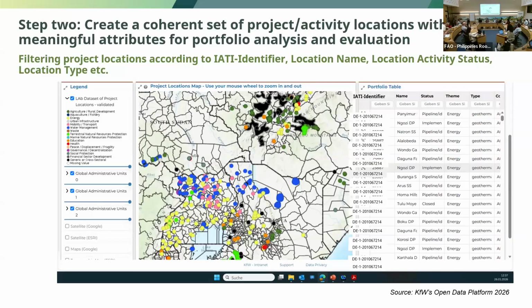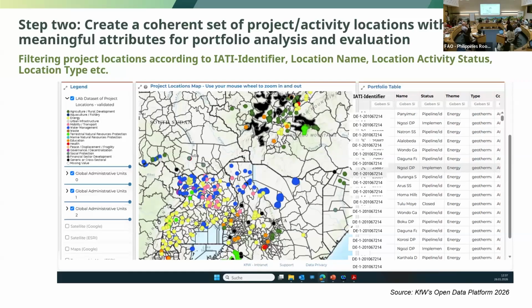So if I now just give a quick example. Now KfW, with our open data platform, we can put on a map all the project locations and aggregate them according to the location types, to which sector they belong. Like we have here all location types related to energy in yellow. These are for power plants, transmission lines, etc. And then with this you can create an identifier.